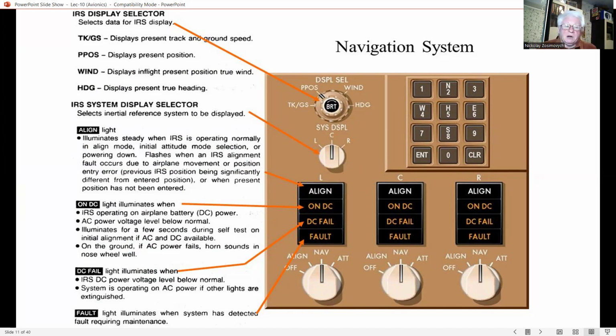Schuler tuning requires very accurate gyros and accelerometers and precise computing. The payoff, however, is that it enables a very accurate vertical reference, like a fraction of a minute of arc error, which is independent of the aircraft acceleration.